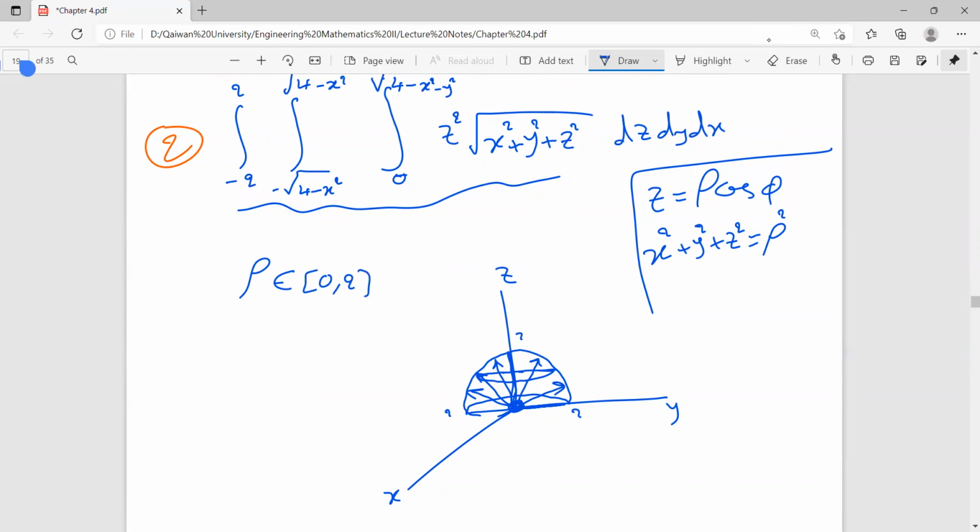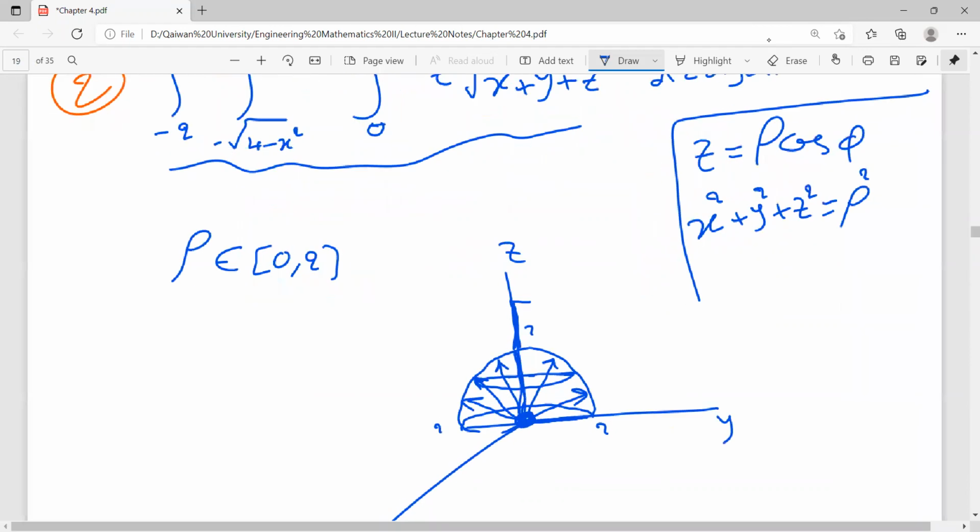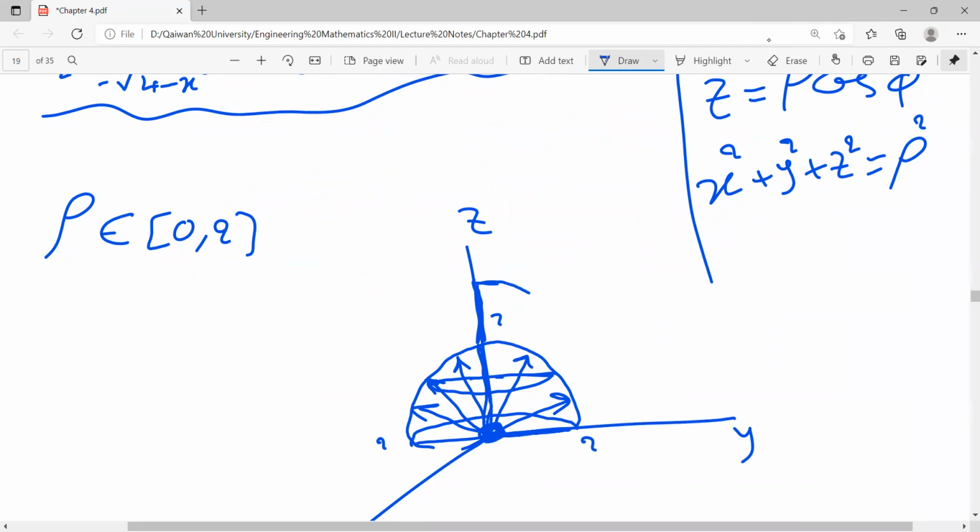And then for finding phi and theta, for finding phi, we always start from the z-axis. We start from here up to here. Why? Because we have the solid in this area. We don't go down here because the solid is not below the y-axis.